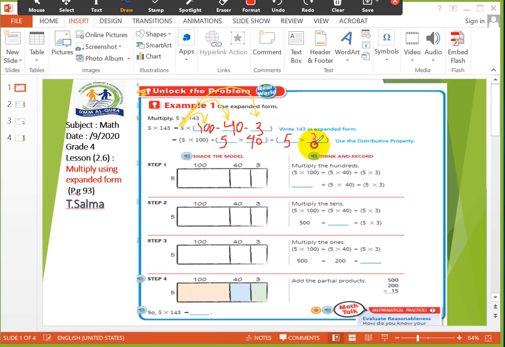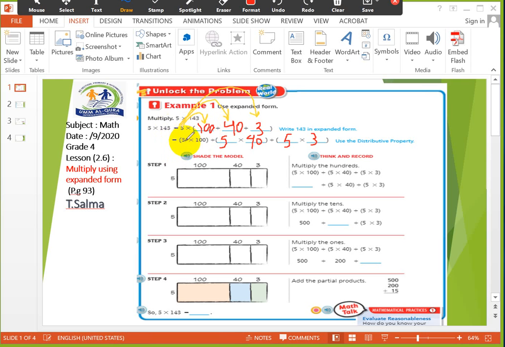Okay? So that's what I do to find the answer for this multiplication. First, 5 multiply 100, girls. I told you, if you want to multiply any number with 100, I will multiply the number with 1 and put 2 zeros next to the answer.